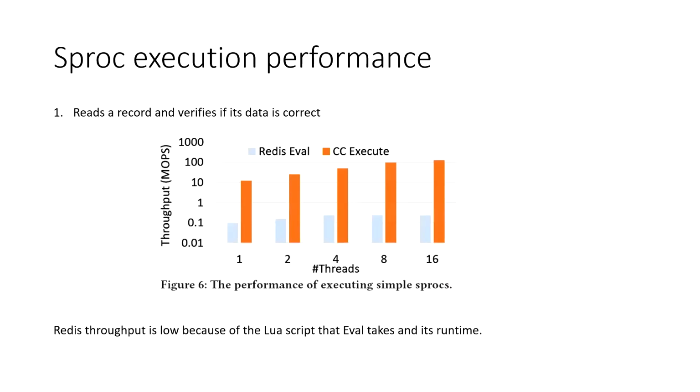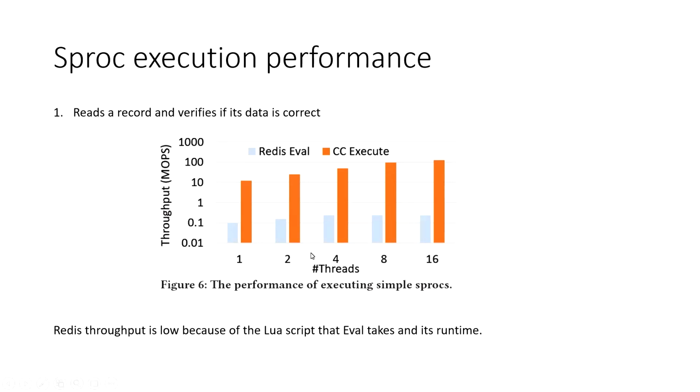And the second evaluation is about the stored procedure. Here they are trying to read a record, which is basically a stored procedure, and then verifying whether its data is correct. As you can see, the Redis throughput increases slightly and then saturates at almost 16 threads, whereas the CompuCache throughput keeps increasing as the number of threads increases, because each thread could hold a computation at a time.